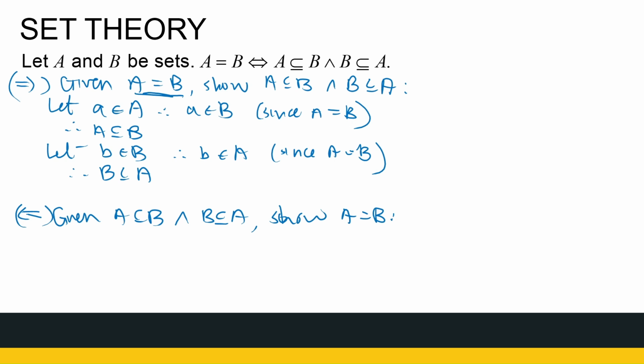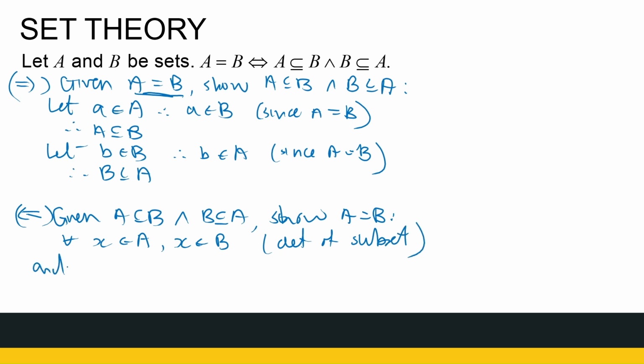So let's look at the other direction. Given A is a subset of B and B is a subset of A, we want to show that they're equal. Now, from the definition of subset, if A is a subset of B, I know for every x in A, and whether you use x or A or B or y, it's just a placeholder, just a letter, a variable, for every x in A, x must also be in B. That's from the definition of subset.